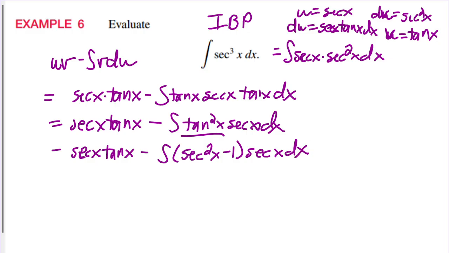Again, we're going to split that one up, and we're going to start with the minus first. So a minus times a negative 1 times secant gives us a plus integral of secant of x dx. And then a minus times secant squared times secant gives us minus the integral of secant cubed of x dx.